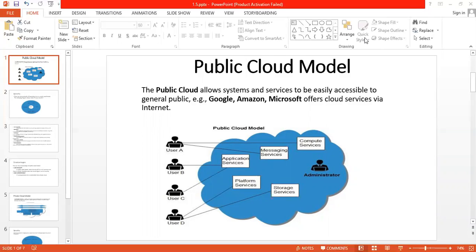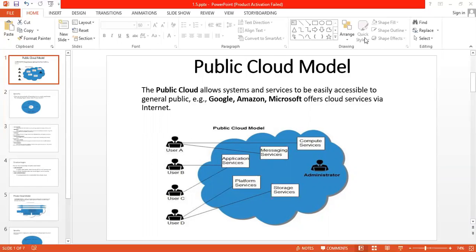Whenever we want to save data or access resources, we have to decide whether we are going for public cloud or private cloud. On the basis of it, the services provided by the different cloud providers and the security mechanisms are different. For public cloud it is different, for private cloud it is different.